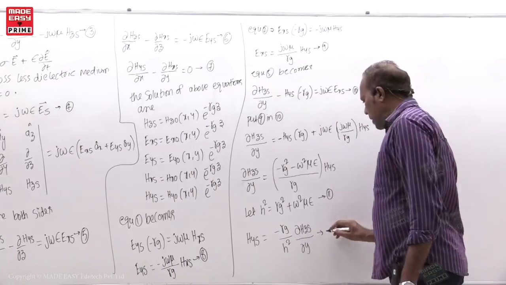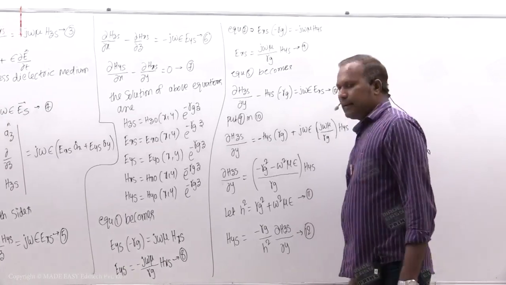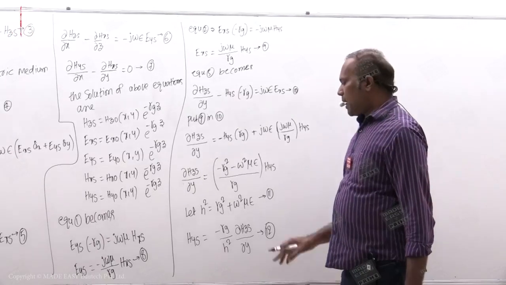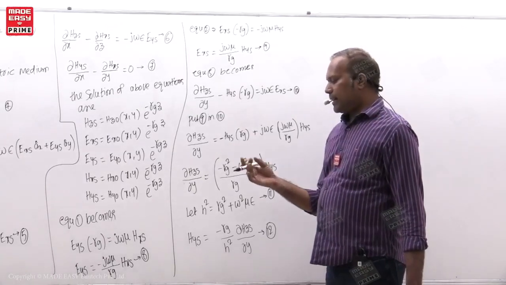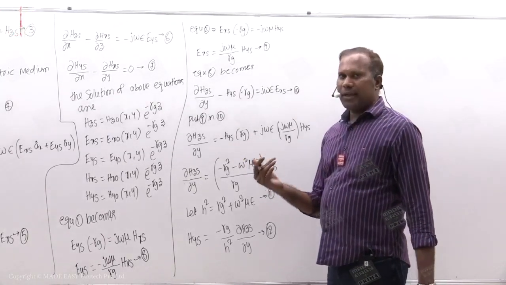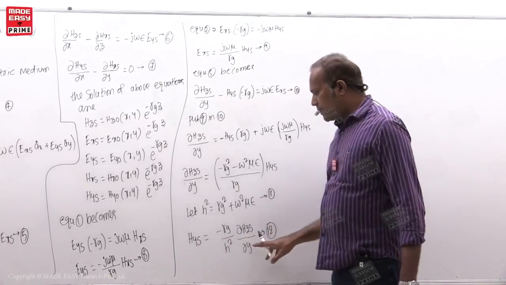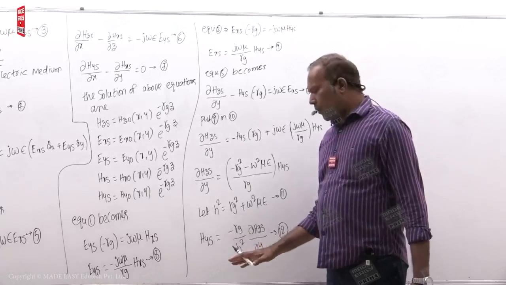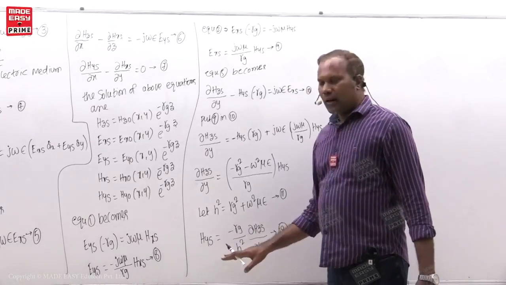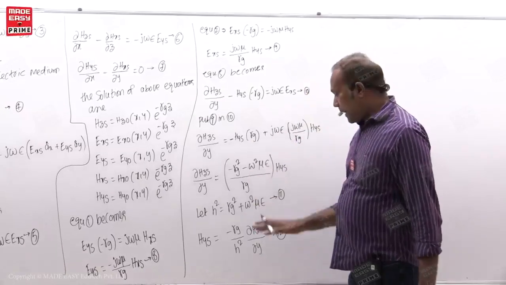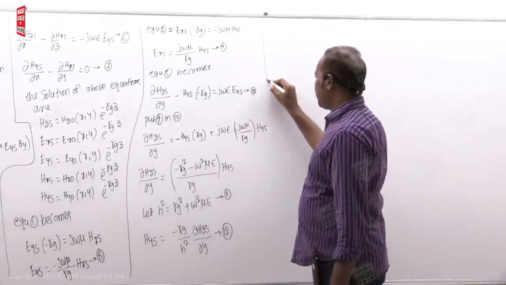So this is equation number 12. One thing happened. Actually, what is the heading? Representation of components. Components means Ex, Ey, Hx, Hy in terms of Hz. So here Hys came in terms of Hz. From now onwards, one by one, all terms are represented in terms of Hz. That is the main component.